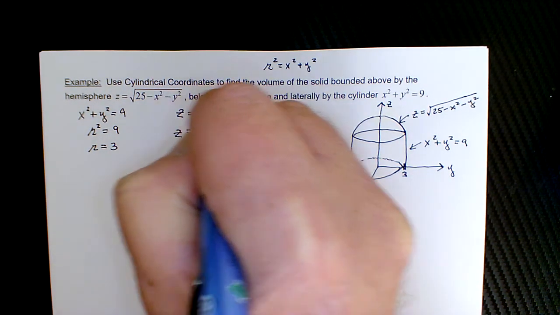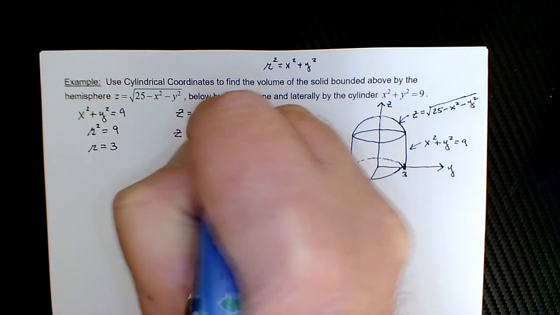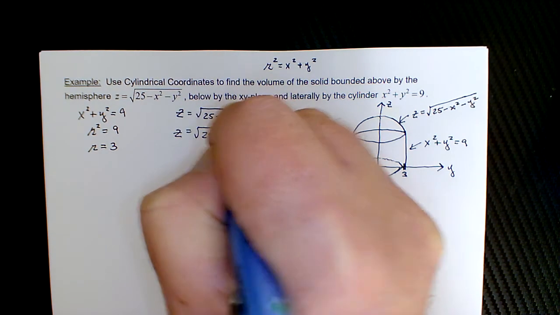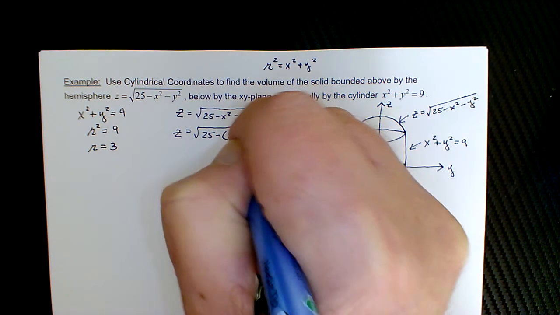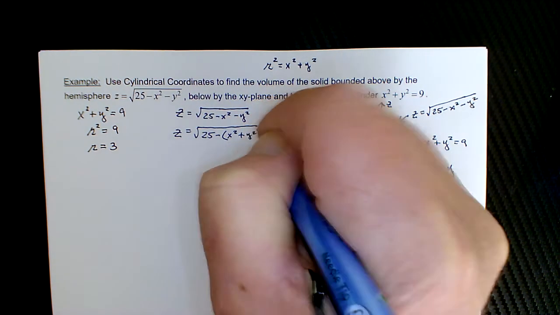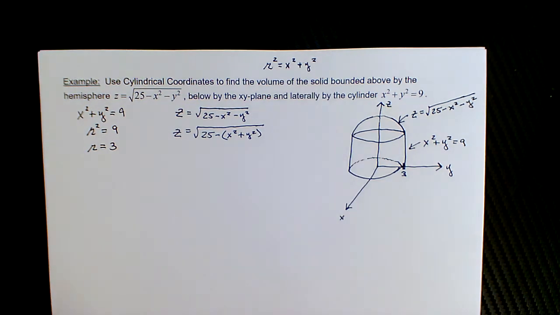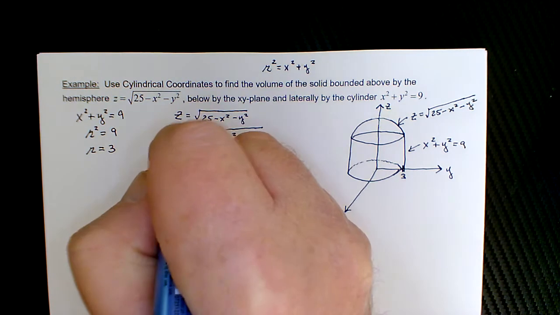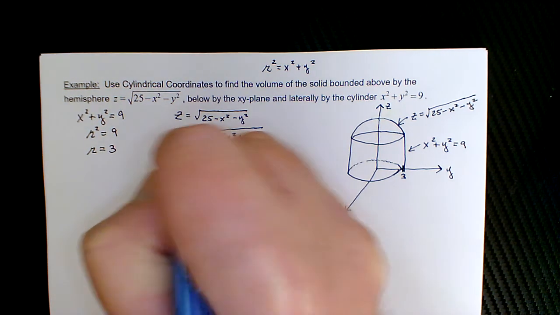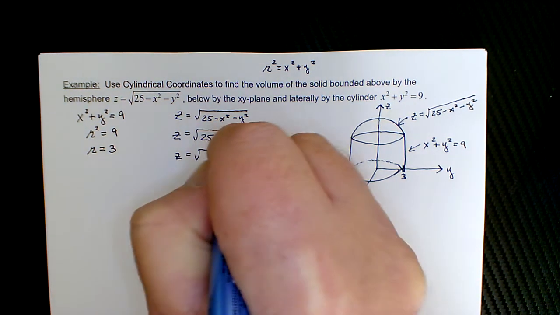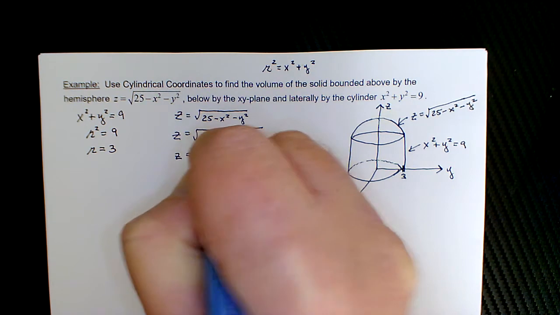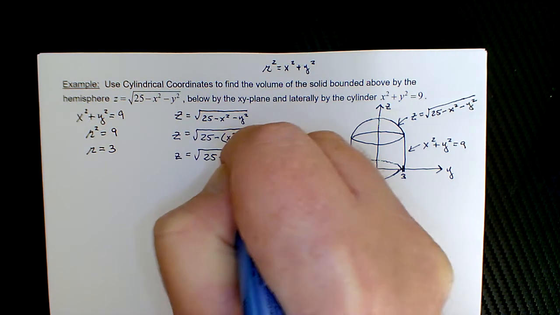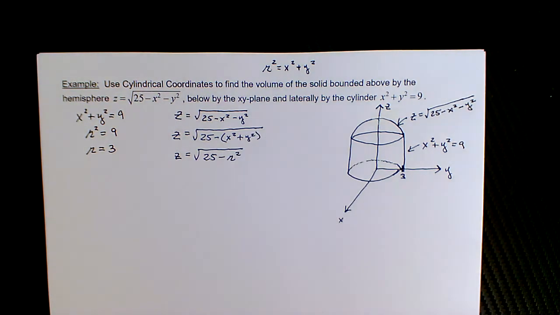And I think we saw this algebraic move last part of this lecture, where we could factor out a negative from the negative x squared minus y squared, and then replace that by r squared. So we get z is the square root of 25 minus r squared.